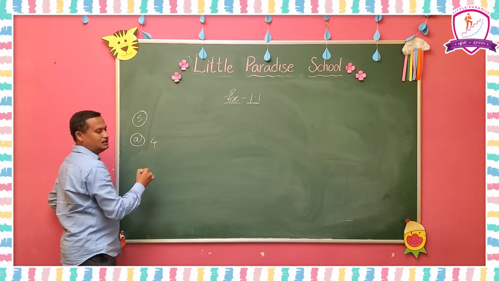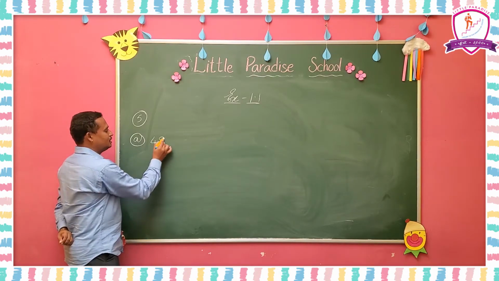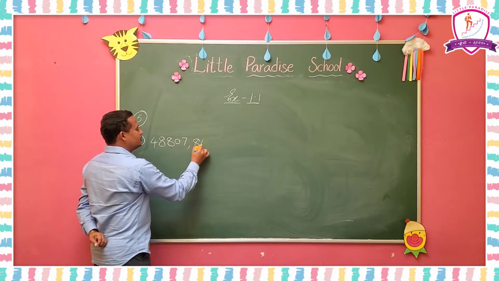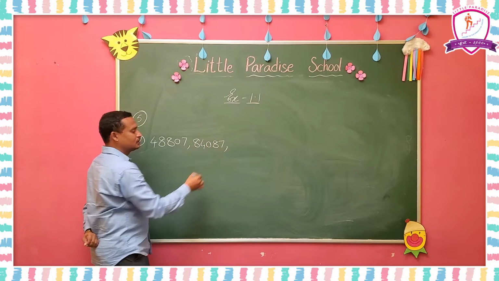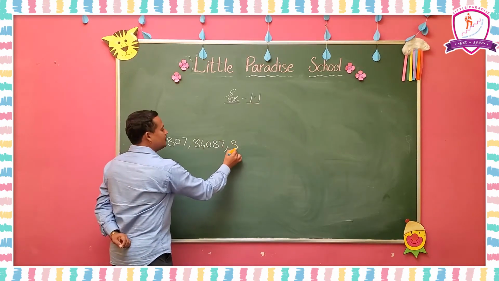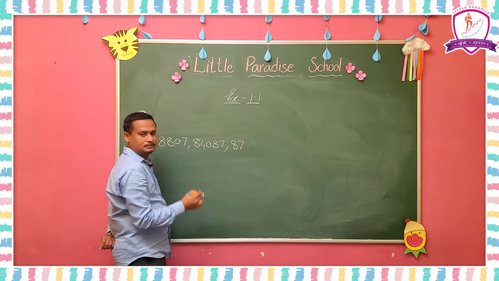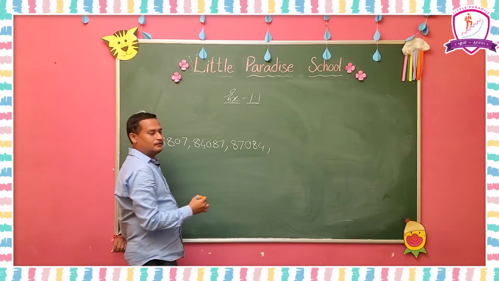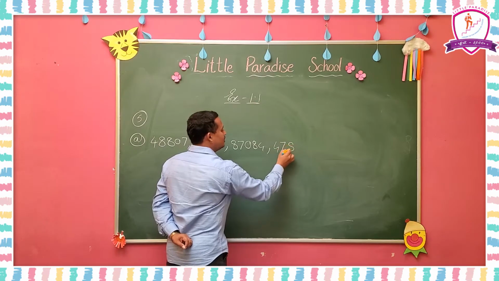So what is the first number here? 48,807, 84,087, next 87,084, 47,808.